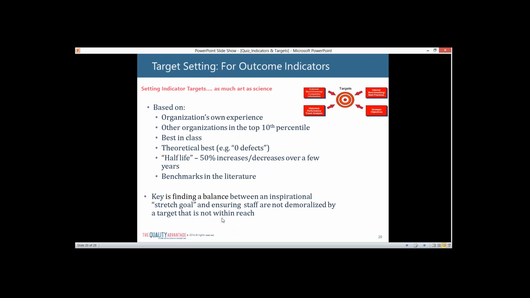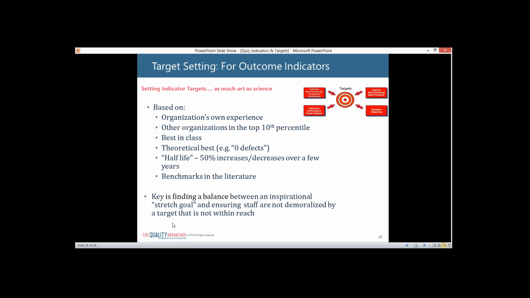Similarly, the next bullet is best in class. So that means if you have benchmarking information available, it could be within your own jurisdiction or it could be actually internationally, and you pick out the organization that achieves the best result for that particular metric and say that's your goal.